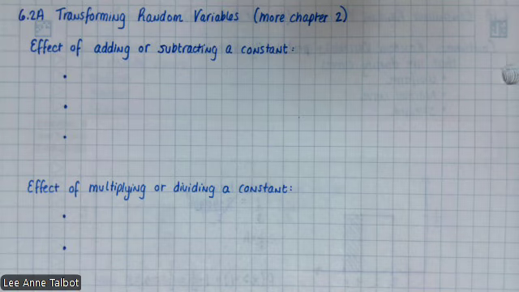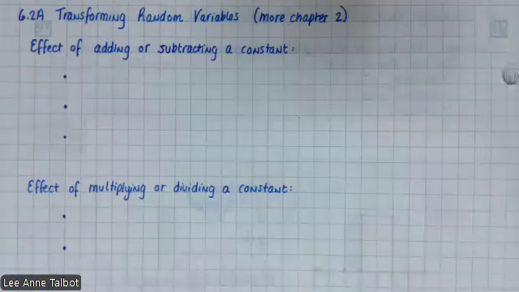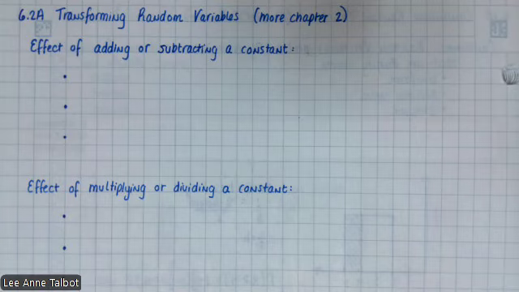Okay. So, we're doing more chapter 2 today, which is great. However, I'm wondering if you guys remember this. So we did this whole section on what happens when you add and subtract and multiply and divide a constant to something.